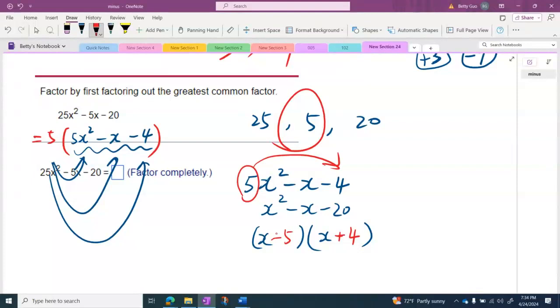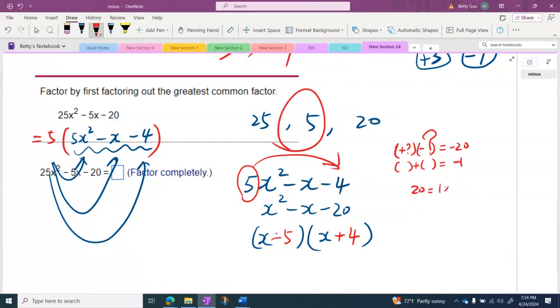Negative 5, positive 4. How do we know? Because when we look for two integers that multiply to negative and add up to negative, then they must have opposite signs, and the negative number has a bigger absolute value.